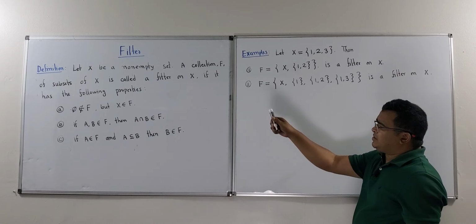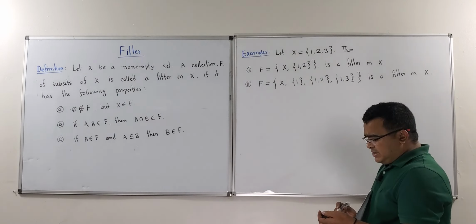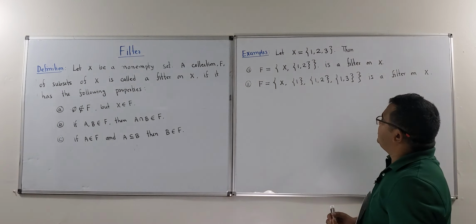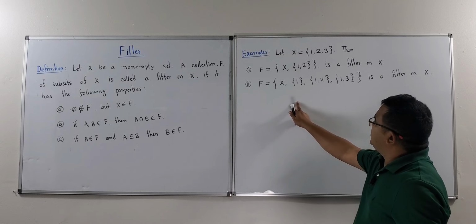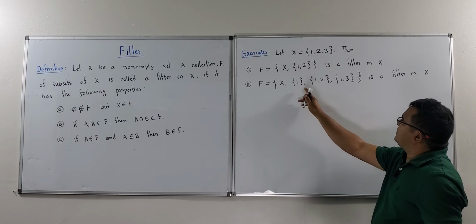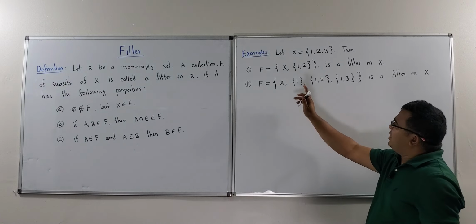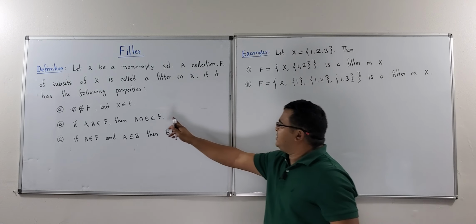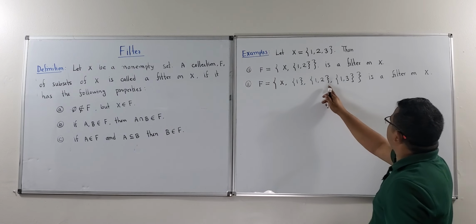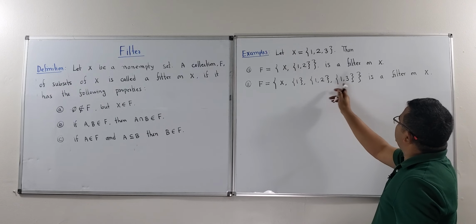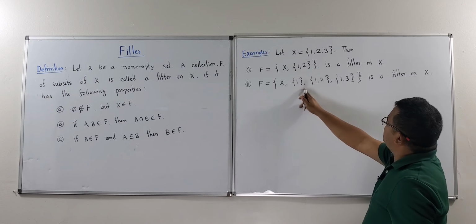Because it satisfies the first property: the empty set is not here, but the whole set is here. Now how about the second property? If you consider {1} and {1, 2}, the intersection is {1}, and {1} is already here, so it satisfies the second property. If you consider {1, 2} and {1, 3}, their intersection is {1}, which is also here.